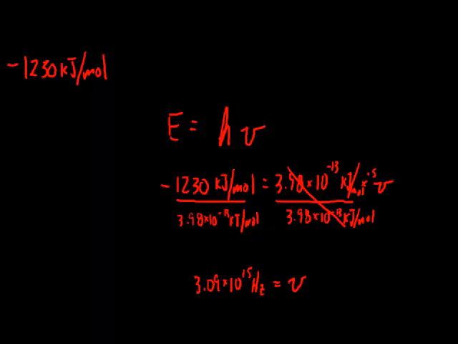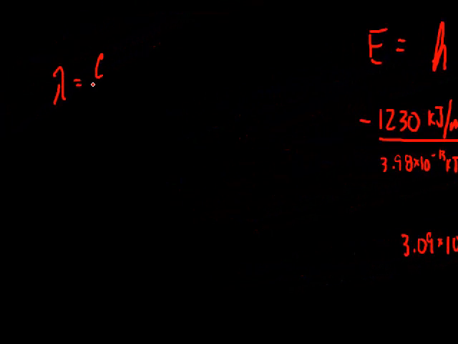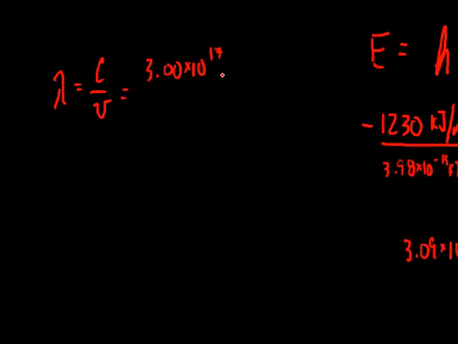So there's step 2. We still don't have the wavelength. The wavelength is equal to c divided by nu. So 3.00 times 10 to the 17th nanometers per second, divided by 3.09 times 10 to the 15th per second, hertz.